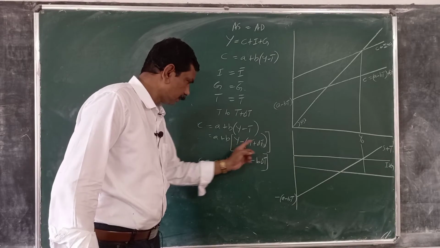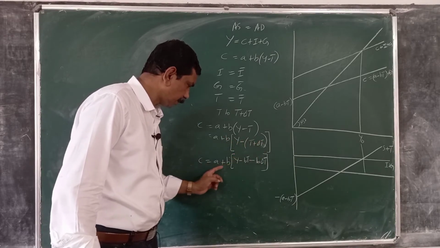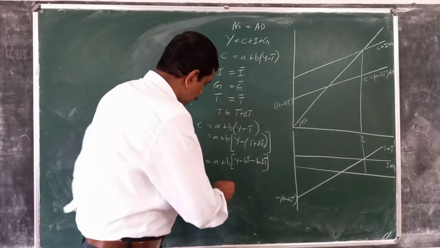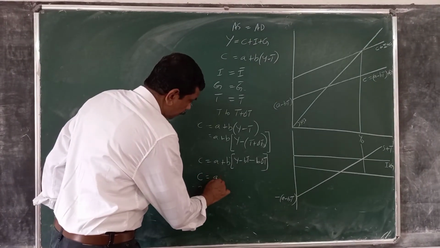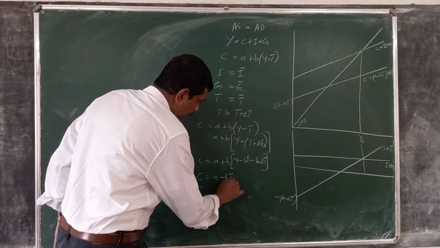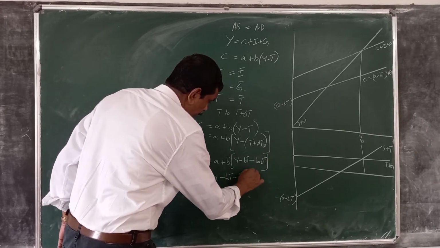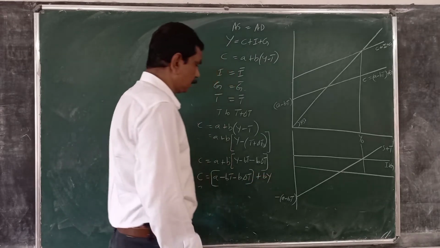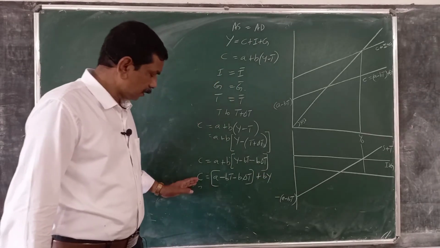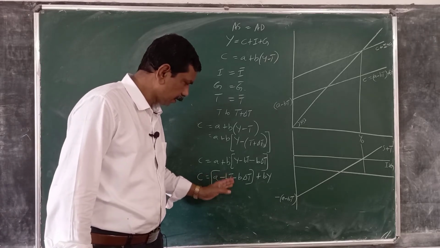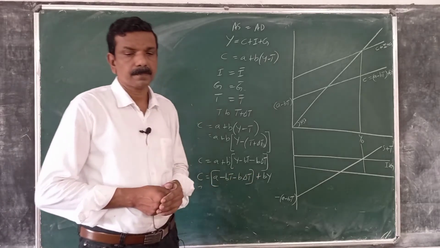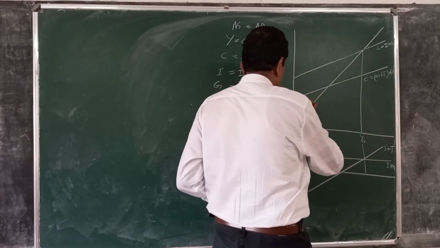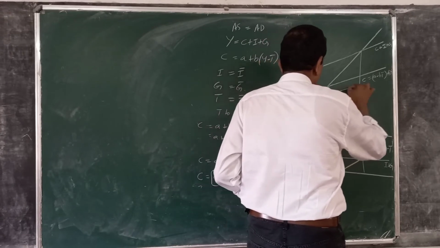You first remove these brackets, then multiply this. So A plus B into Y minus BT minus B into delta T can be written as A minus BT minus B into delta T plus BY. So the consumption function shifts downwards like this.